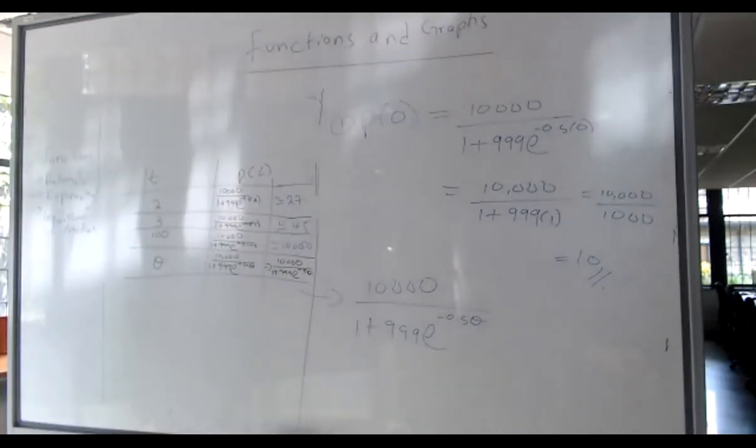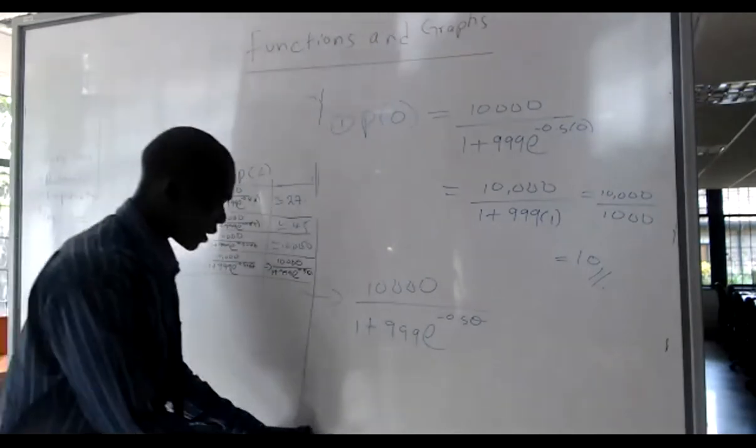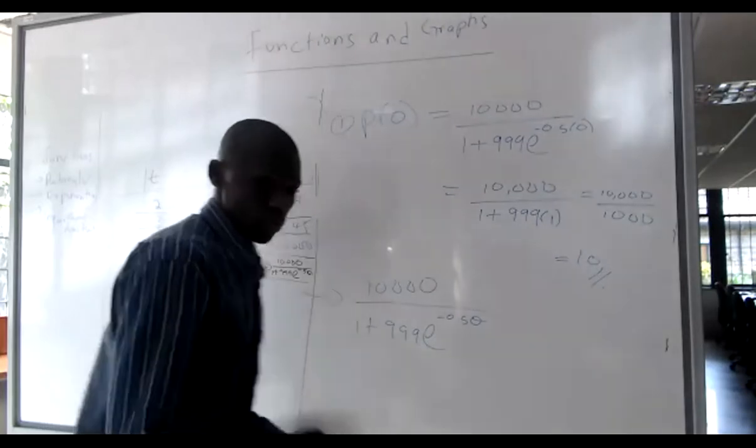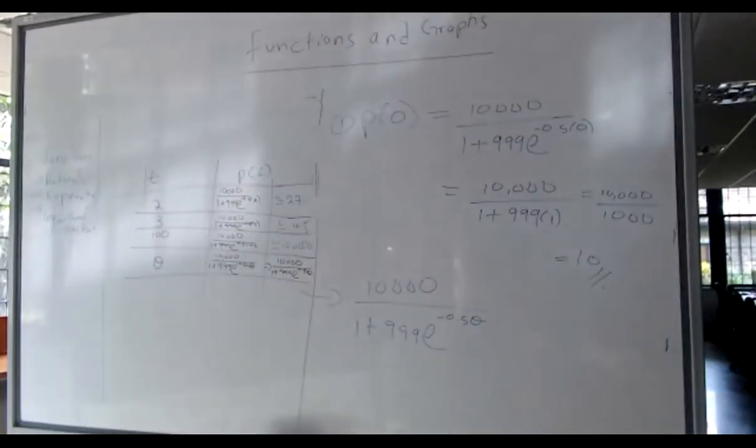Could you do the first number? Because I'm still getting the same answer. You're getting the same number when t is 2.